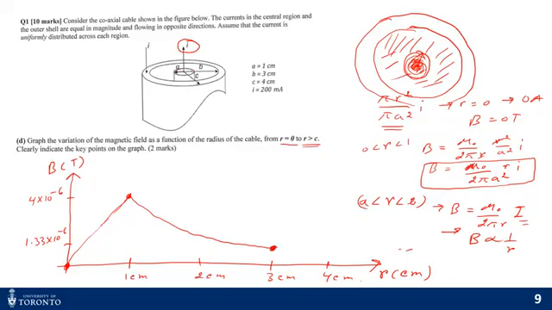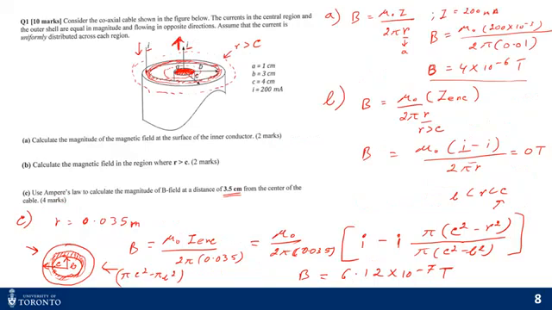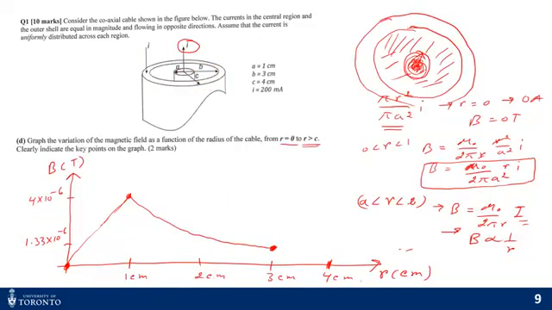Now, for r greater than 4 centimeter, which is r greater than c, remember we found in part b that it's equal to 0 Tesla, because you're encompassing both the positive and negative currents. So for this region, your magnetic field has to be 0.